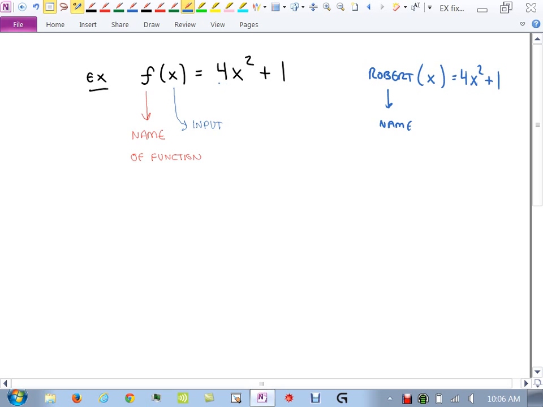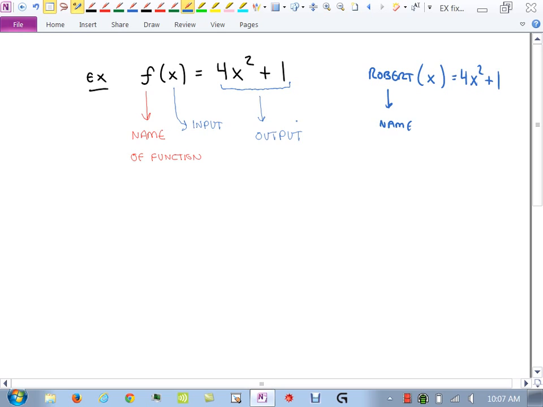And then on the right side of the equal sign, 4x squared plus 1, that whole thing is the output. That's what the function spits out. So it's kind of like that's the machine. The machine is the 4x squared plus 1. It changes the X that we plug in.